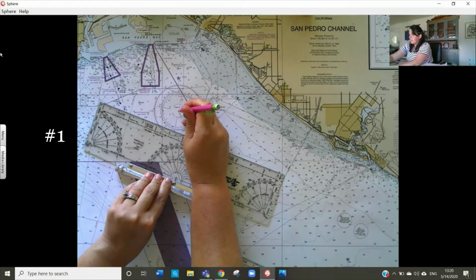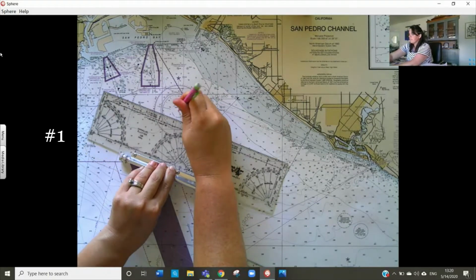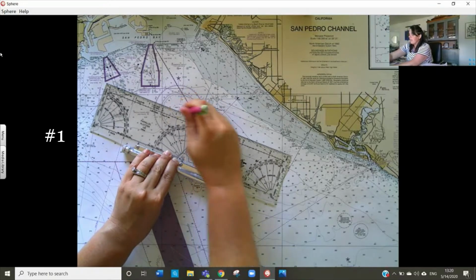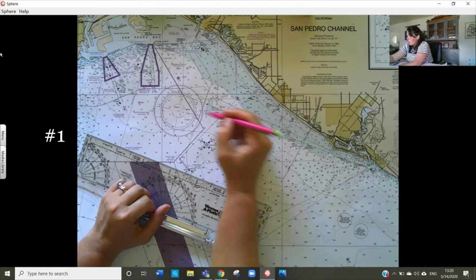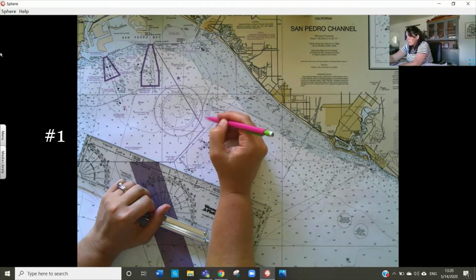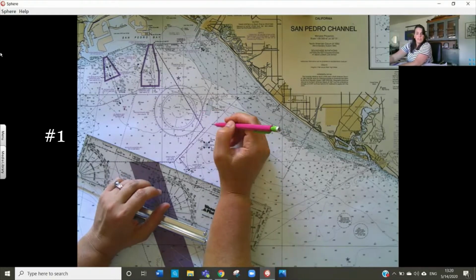I'm just going to put my pencil there on the center, and then I can draw a line. And we always are looking for the outside. So we have 90, 95, 100, 105, 110, and a little bit. So 110 would be our true course.